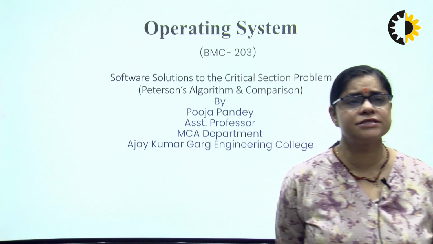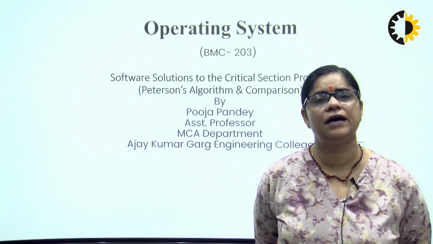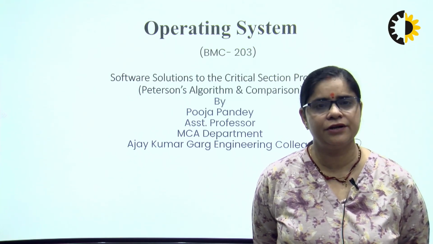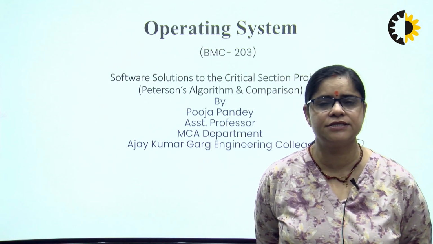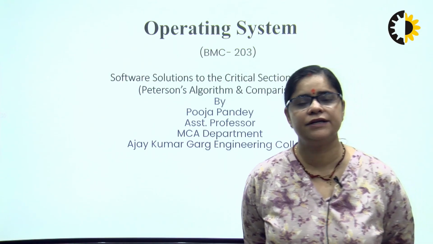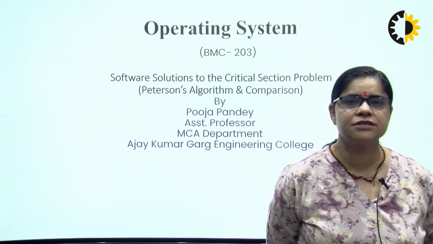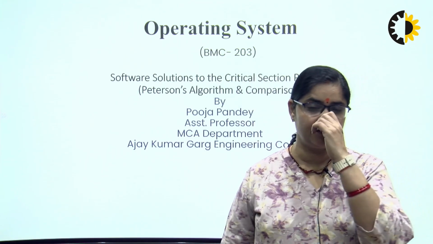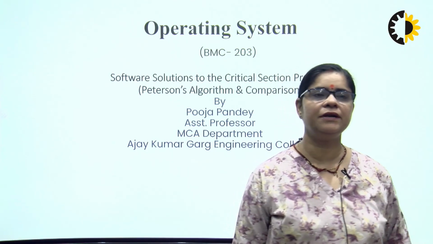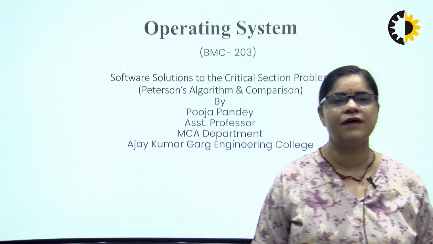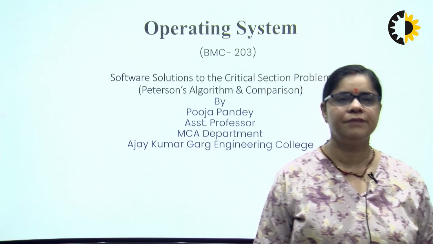Here we will discuss the next algorithm, a continuation of the software solution to the critical section problem. After that, we will discuss the comparison between the Dekker solution and Peterson's algorithm, and why we are working on the Peterson algorithm.